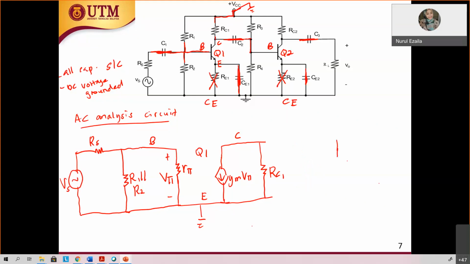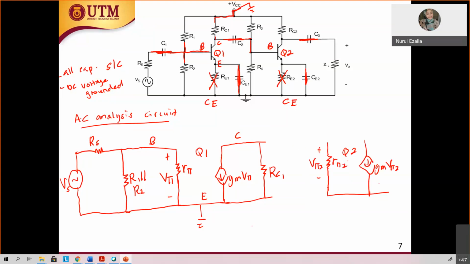So this is your Q2, with R pi 2, V pi 2, and GM V pi 2.